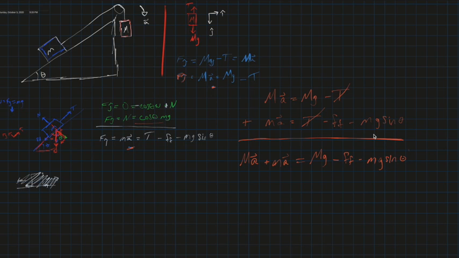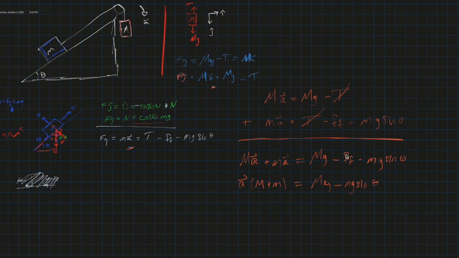Now we could have also over here solved for T and then plugged it in, and that would have been easier, but I did choose to do it this way so you could see how it also works. So we can factor out an a. We're going to get M plus m equals Mg minus mg sine of theta.